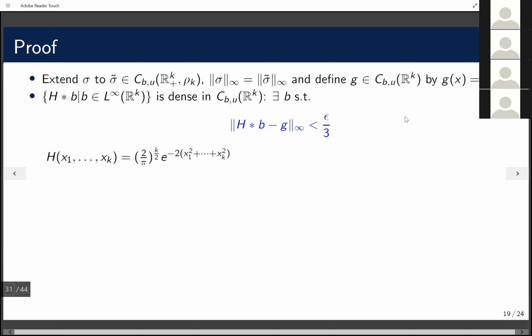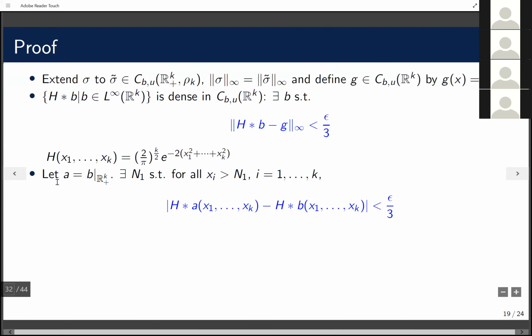So because of that, and g is in CBU, we get that the subnorm of h star b minus g is less than epsilon over 3 for some function b in L infinity(R^k). And then we let a be b restricted to R plus^k.